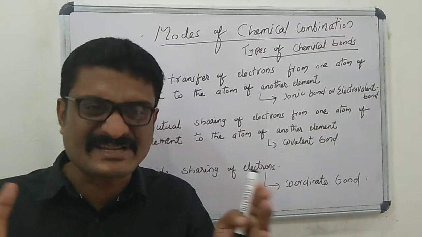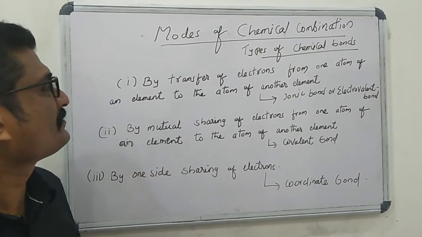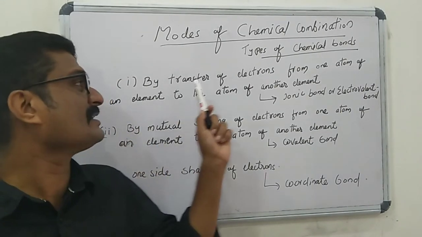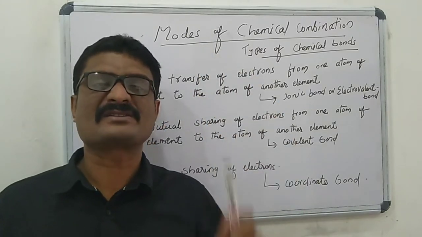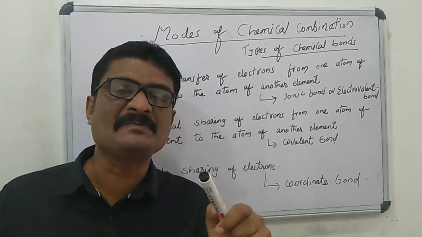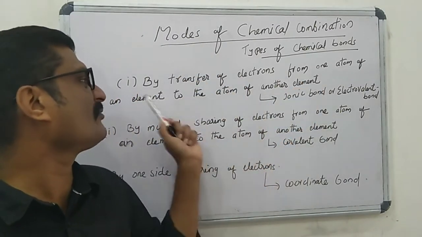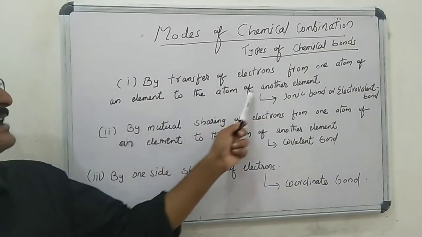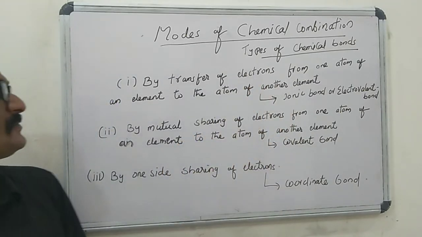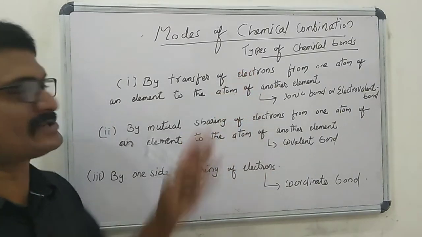This can be achieved, number one, by transfer of electrons from one atom of an element to the atom of another element.